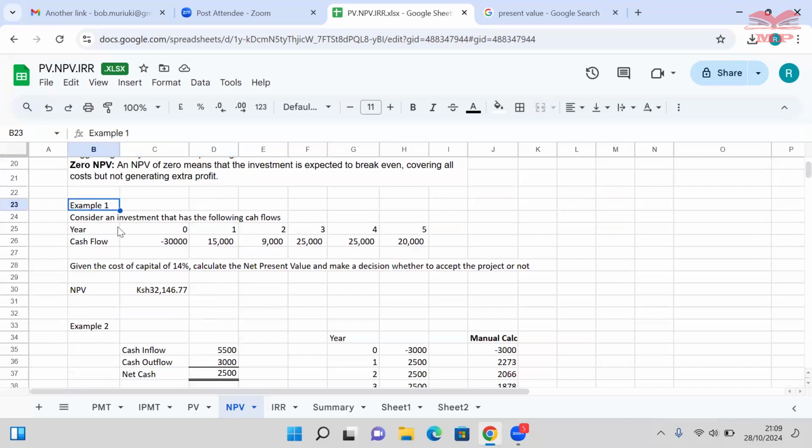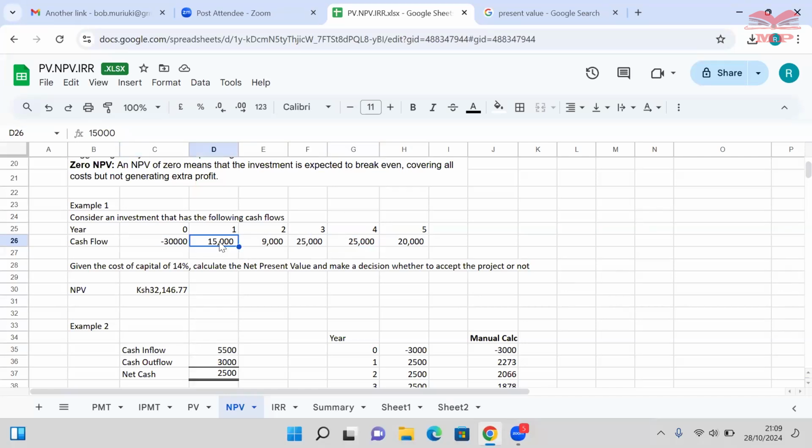The first example I have here is an investment with the following cash flows. Okay, so in year 0, this is when you invested. This is the amount you put in. It's like the capital you started with. Then every year you expect to make some amounts of money.